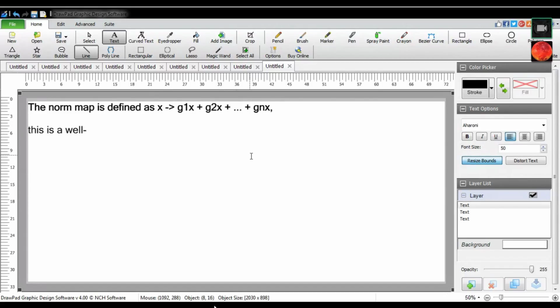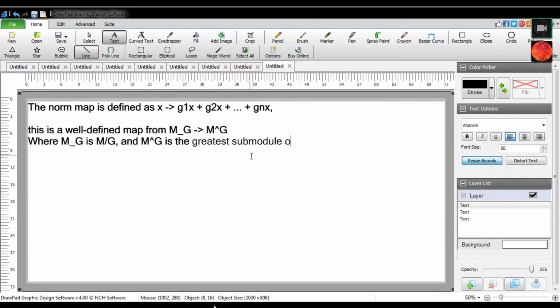This is a well-defined map from M_G into M^G. I think it's in this direction, yes. M_G is M divided by the G action, and M^G is the greatest submodule on which G acts trivially.